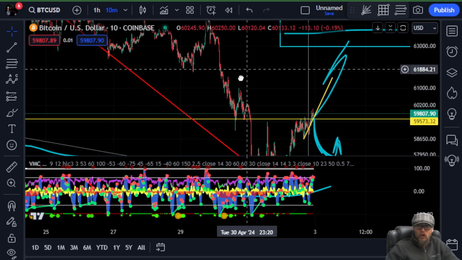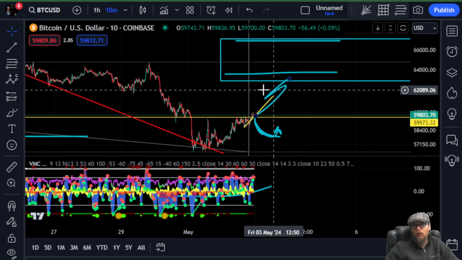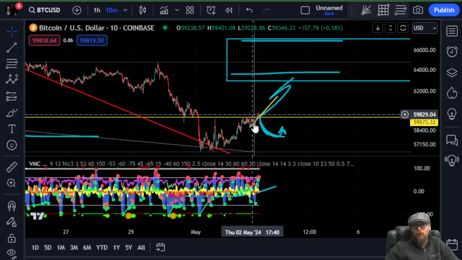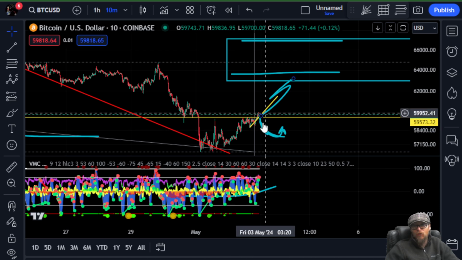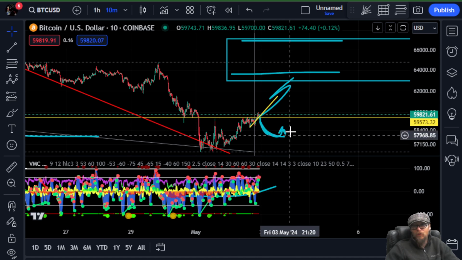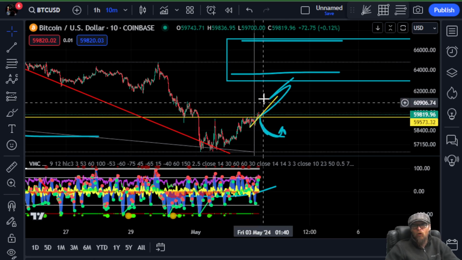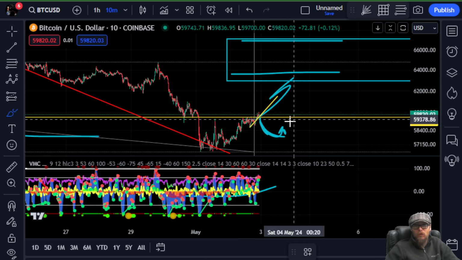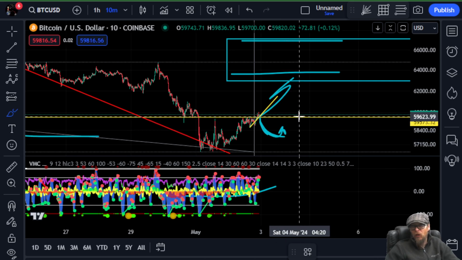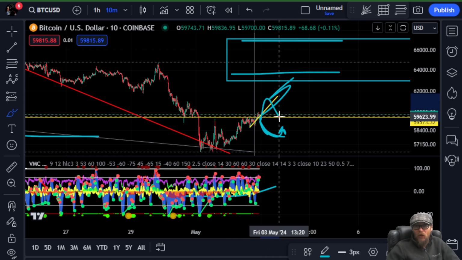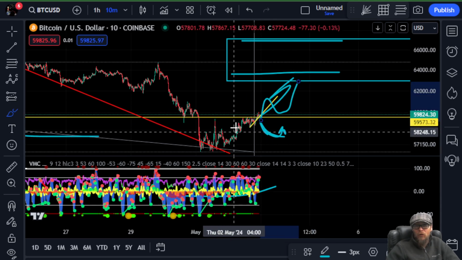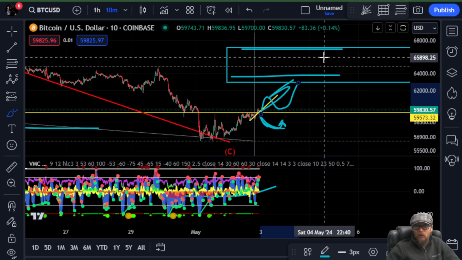But my current trading plan on this, for myself at least, is just to become more aggressive on a bullish bounce on a 50% pullback here, or just a higher low, signaling that we are getting this move, or to get a definite reclaim of this level right here, this 59,750 area, get some good support there, and any continuation beyond here is likely going to lead to that lower high.